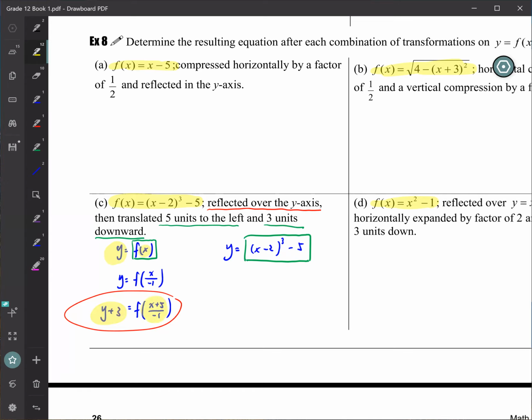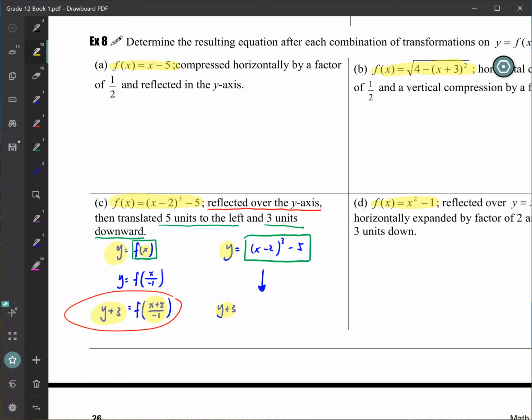So you have to do the same thing to the function that they give you. The left side will now look like y plus 3. Y becomes y plus 3.